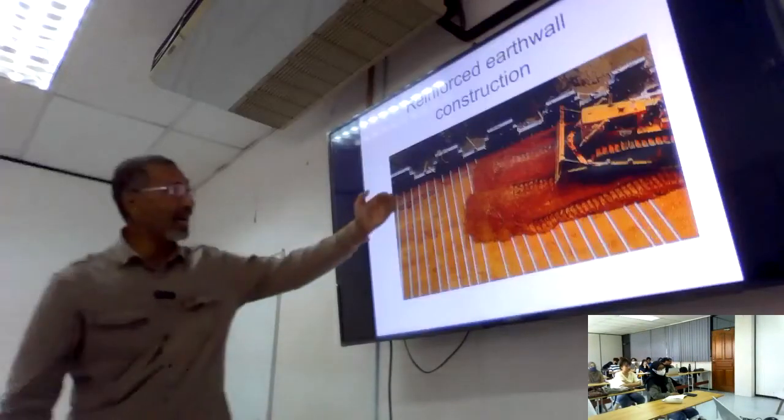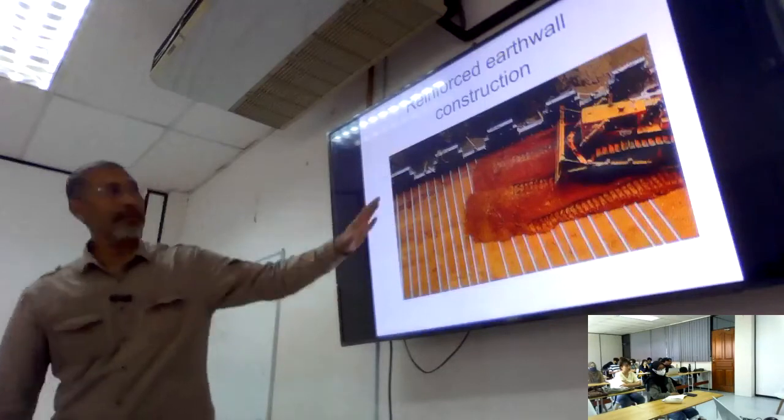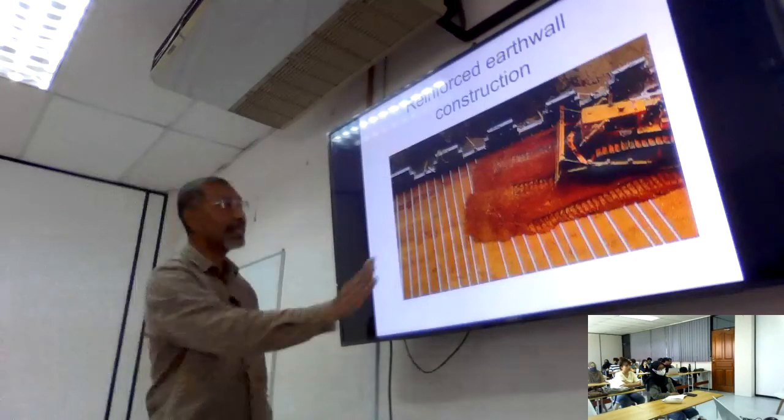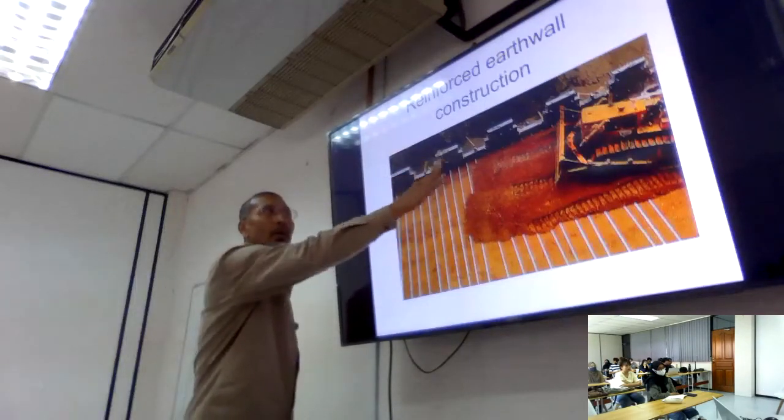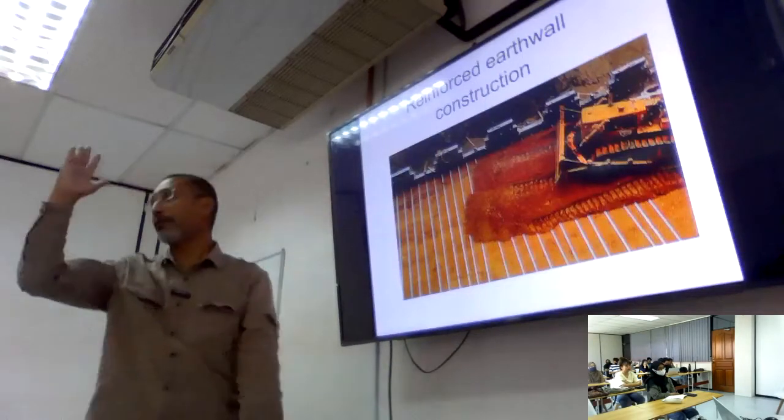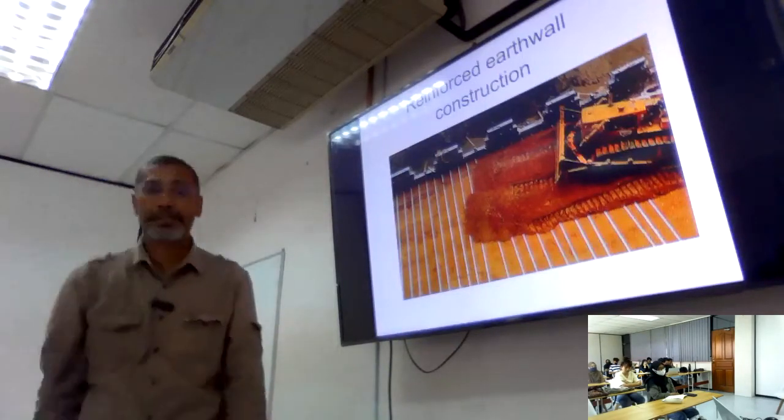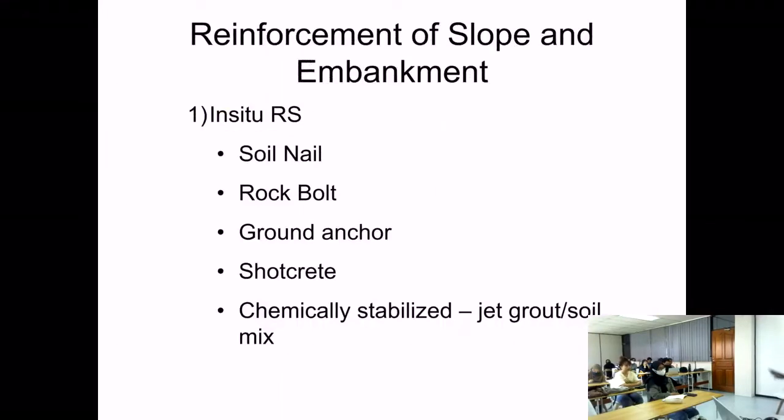But they are being held back by this strip, right? And also it strengthens the soil and also holds the wall itself, so that the wall is stable and doesn't collapse. So that is basically the inclusion of material inside the soil. Again, this is a reinforcement of slope and embankment.